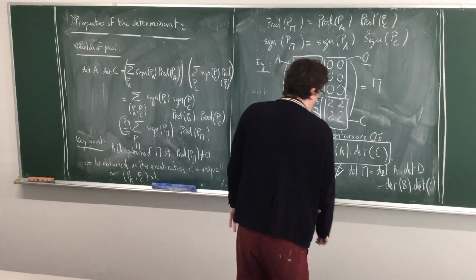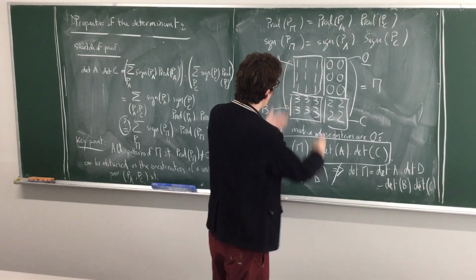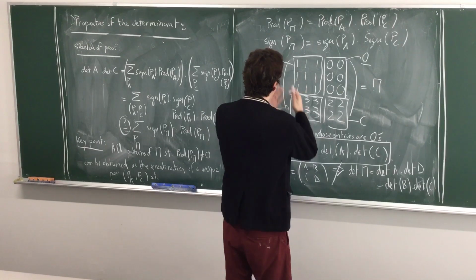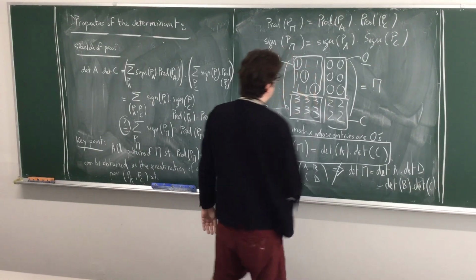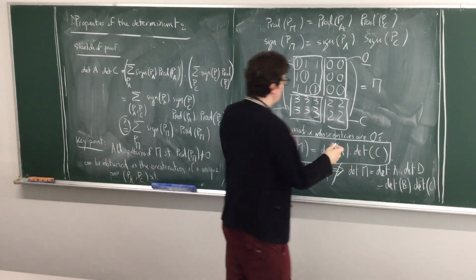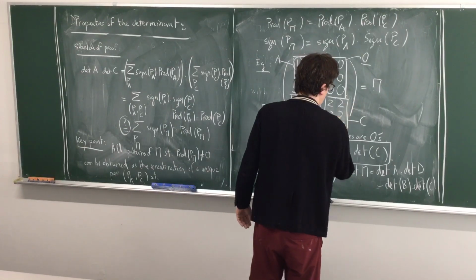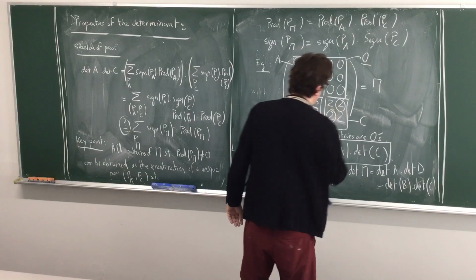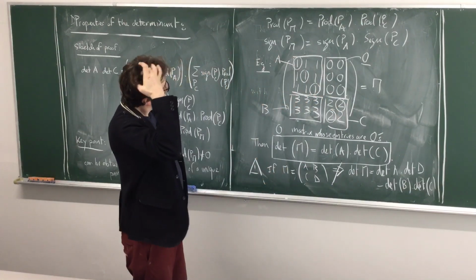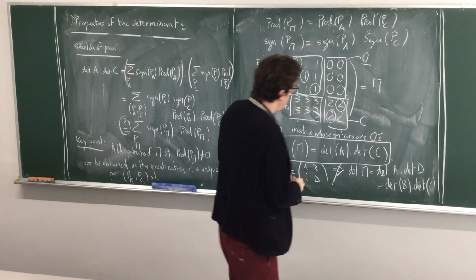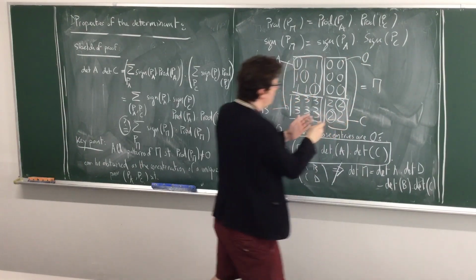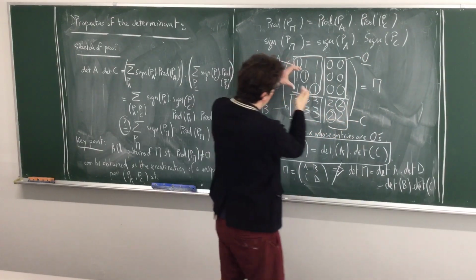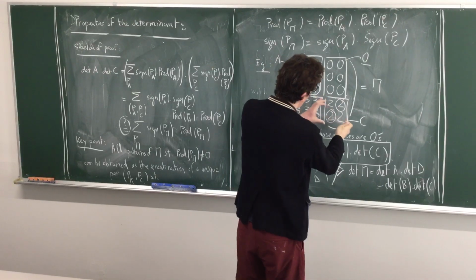Now, let's see. Let's pick a pattern of A. So for example, I pick this pattern, and then let's pick another pattern in the matrix C. So we can choose this one. As you can see, you can build from these two patterns by concatenation a new pattern.